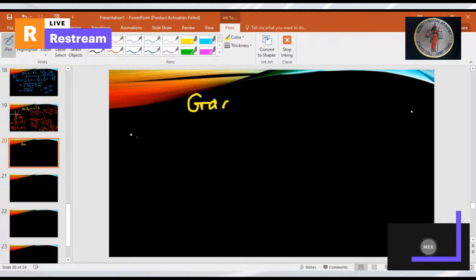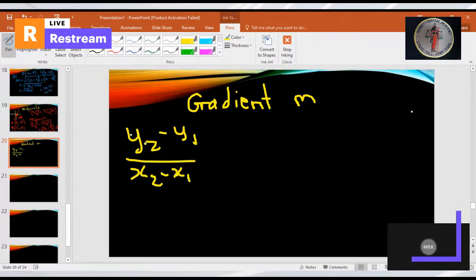As we'll see when we do the equation of the line, y equals mx plus c, m is the gradient. The formula for the gradient is y2 minus y1 over x2 minus x1. So the second y value minus the first y value divided by the second x value minus the first x value.